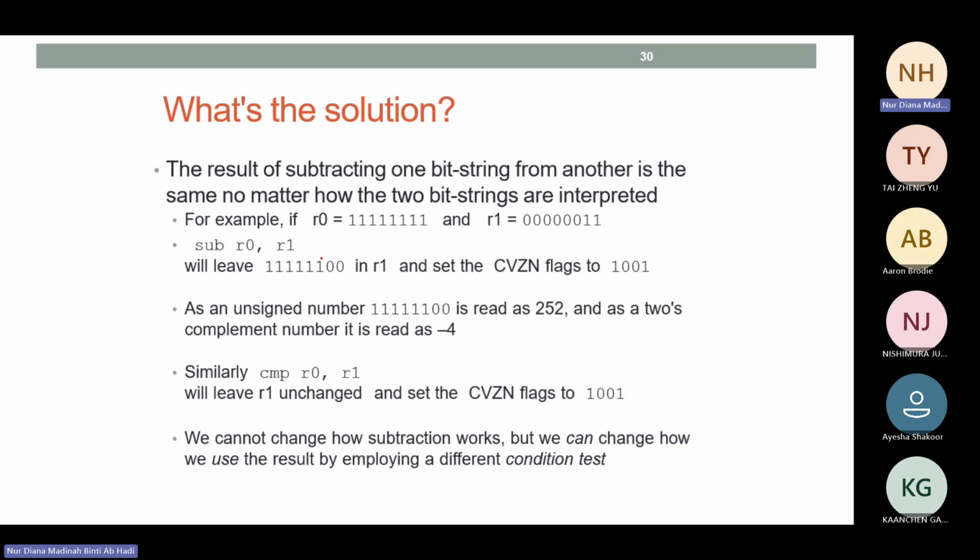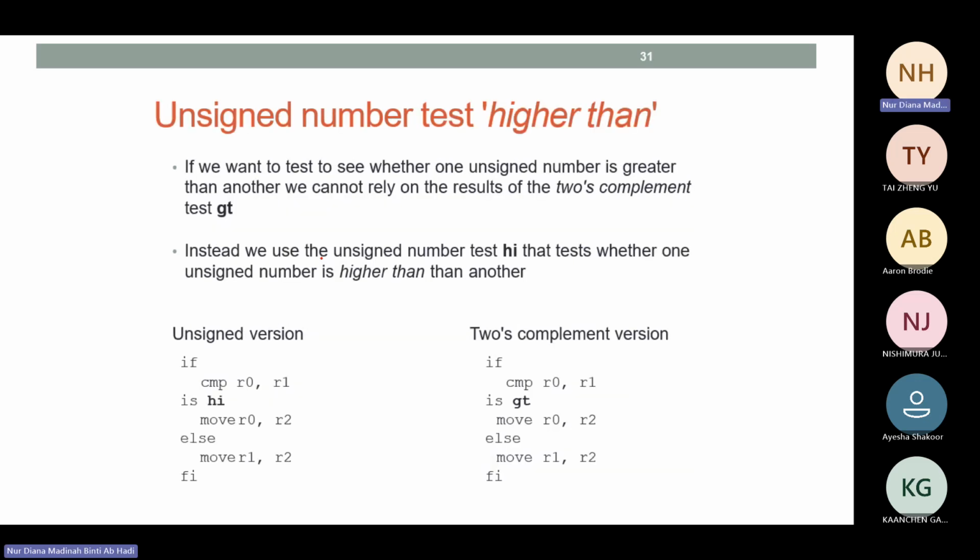Similarly, when we compare R0 to R1, it leaves R1 unchanged and sets your flags to 1001. Therefore, we cannot change how the subtraction works, but we can change how we use the result by employing different condition tests. Unsigned number test: higher than.